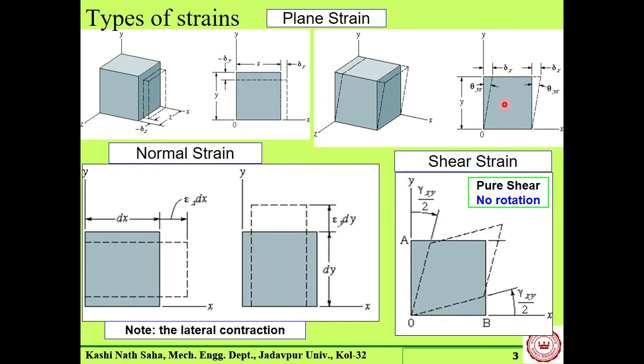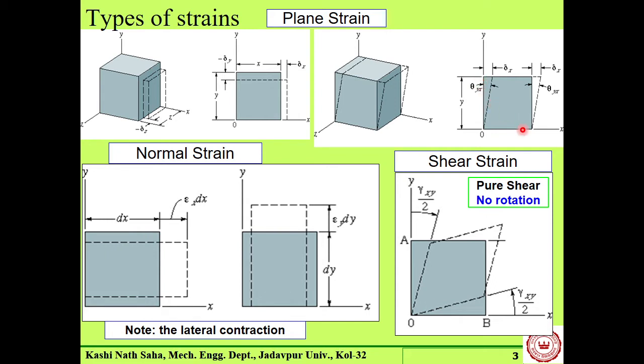Now from this measurement, what we get is basically the change in this particular angle between OX and OY, right? So this original 90 degrees between these two coordinate axes is now rotated as if by angle theta.